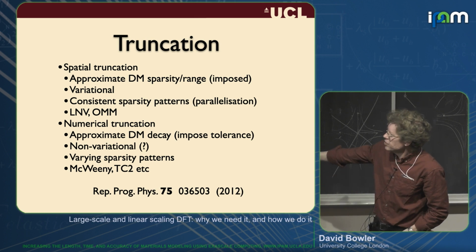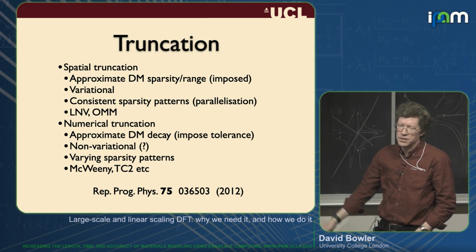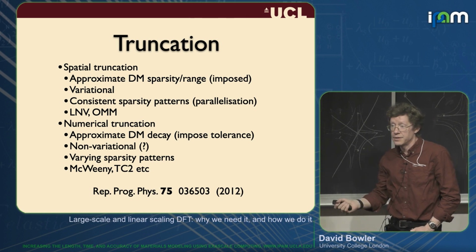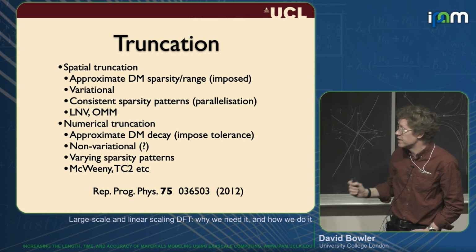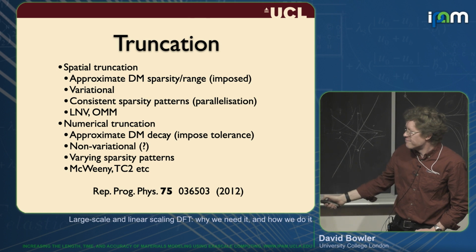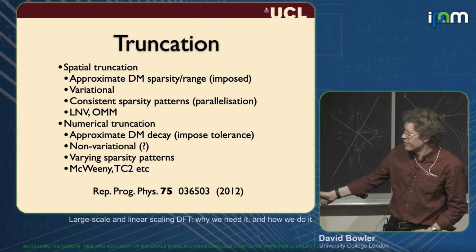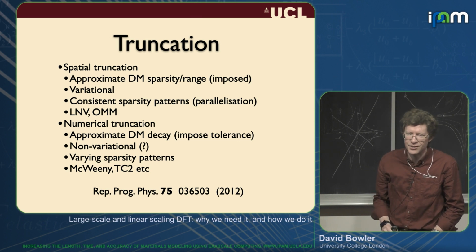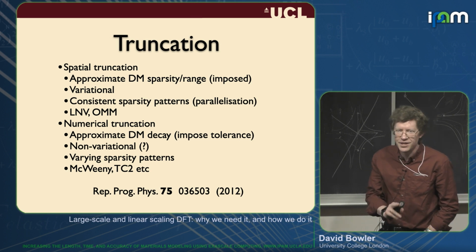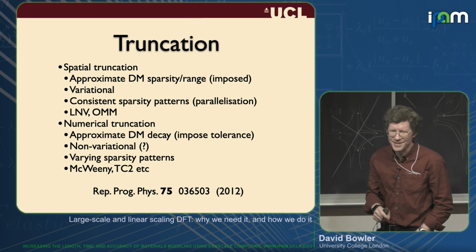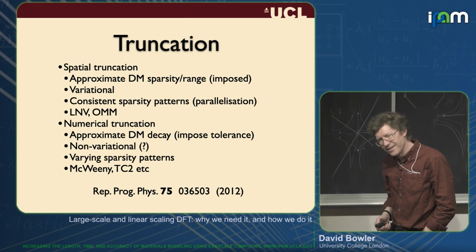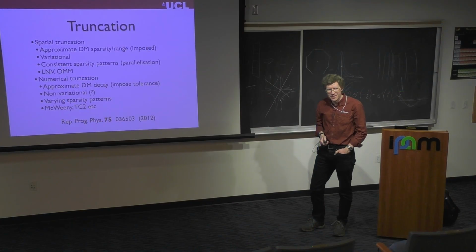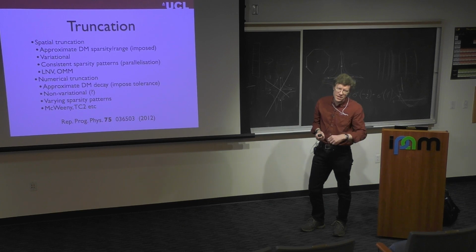The advantage of spatial truncation is it gives you consistent sparsity patterns, which means you can parallelize the matrix multiplies very easily. I have been saying for many years that numerical truncation gives you varying sparsity patterns, but I had a nice conversation with Anders where he suggested that this may not be the case. So I need to go and read more papers to catch up. Yeah, you can see an equivalence between those two.